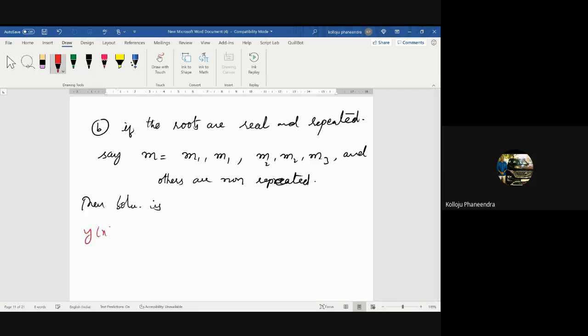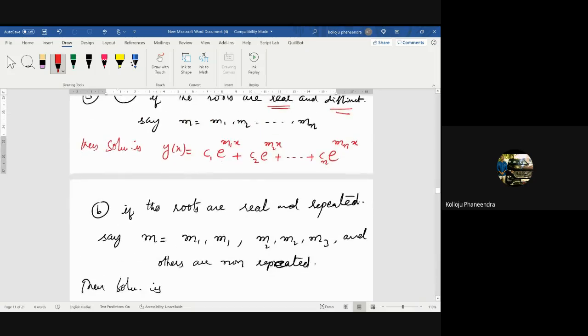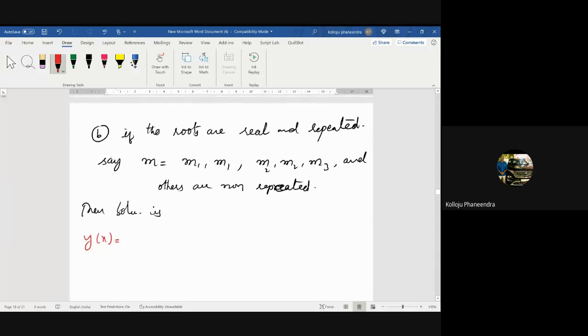y of x equal to, now remember all of you, if m1 is not repeated, for m1 the solution is e power m1x multiplied by a constant. Same logic here: for m1 you write e power m1x. m1 is repeated how many times here? 2 times. Previously we wrote just c1.